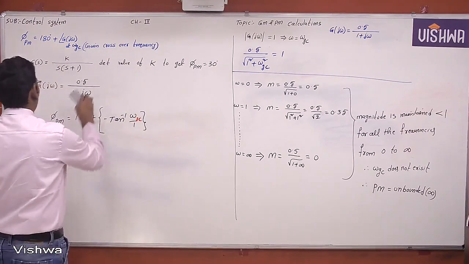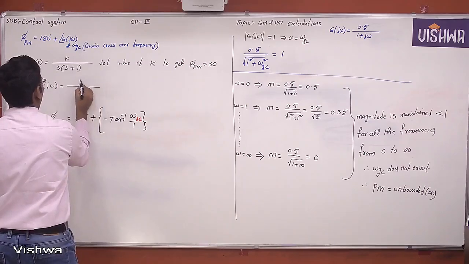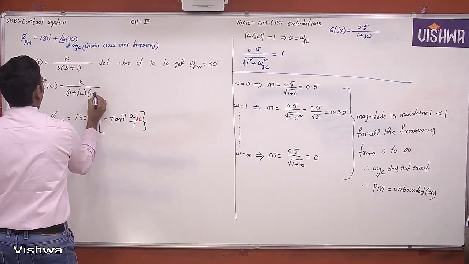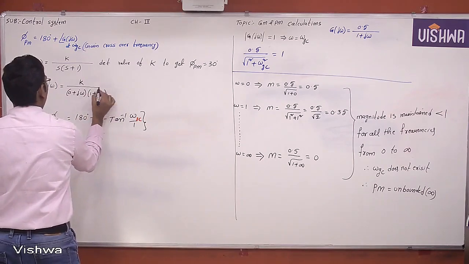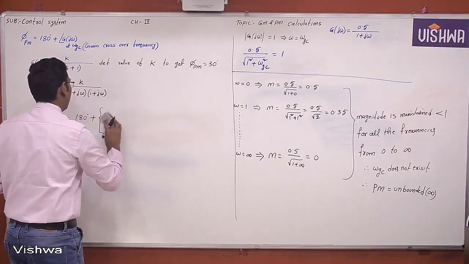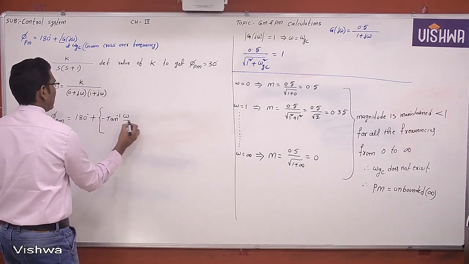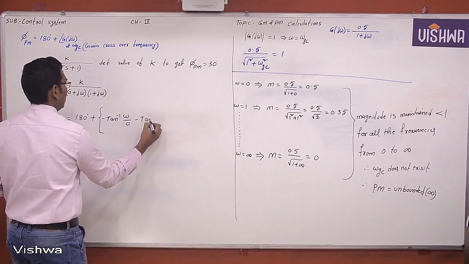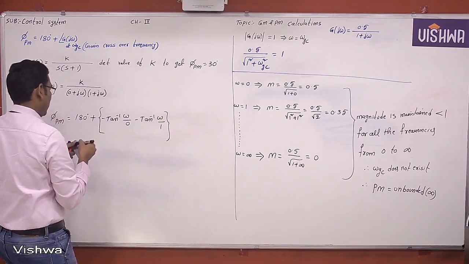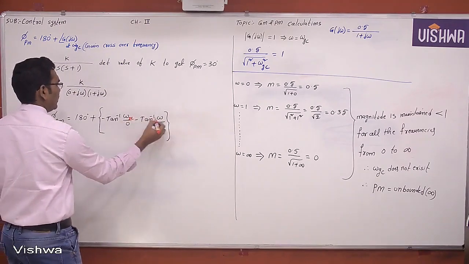Now see here, G of j omega, same procedure you should follow. K divided by 0 plus j omega, 1 plus j omega. How to calculate the phase margin? Phase margin is 180 degrees plus, all are in denominator, therefore minus tan inverse imaginary part by real part, minus tan inverse imaginary part by real part. This is at gain crossover frequency.